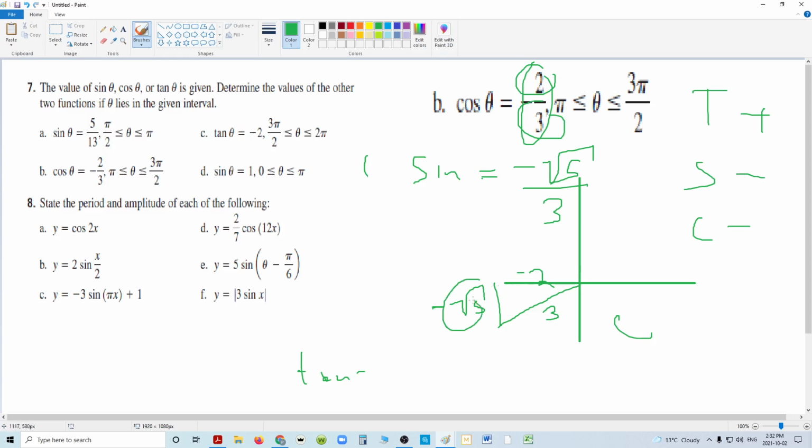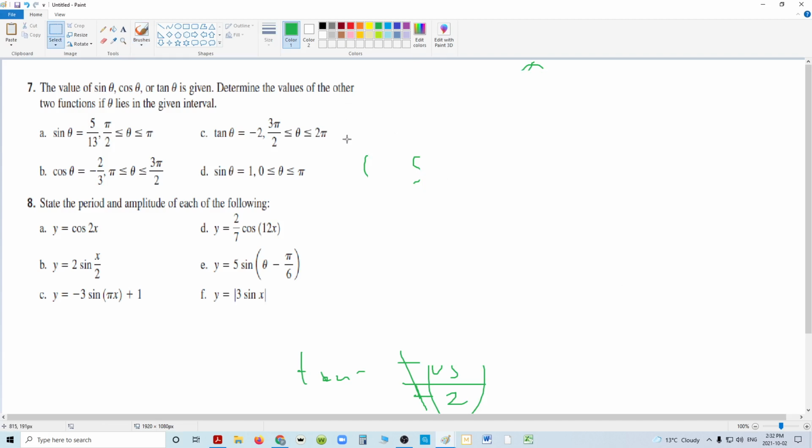Because it's going to be opposite negative divided by negative adjacent. So it's going to be minus square root of 5 over minus 2. And that becomes positive, so we just get square root of 5 over 2 is the tangent for this particular angle. They seem tricky, but they're not. They're SOH CAH TOA and right angle triangles and Pythagoras' theorem.